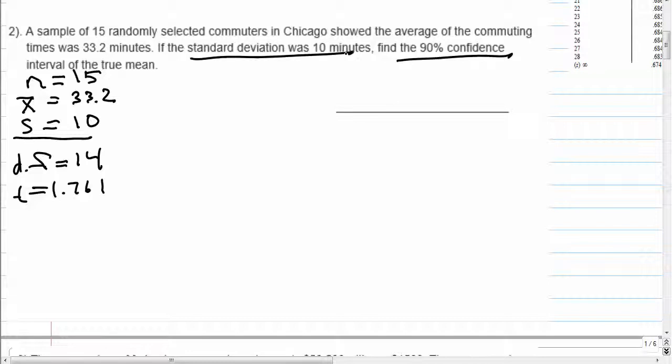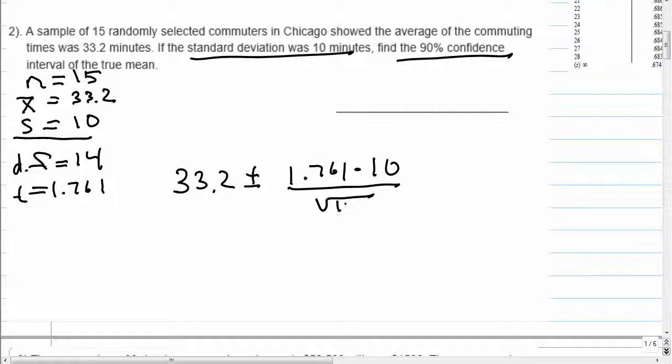Key point, sample standard deviation, t-table. But again, the formula looks very similar. It's going to be the mean plus or minus the t-value times the standard deviation divided by the square root of n. When you do your math, you should have the interval 28.65 to 37.7. Okay?